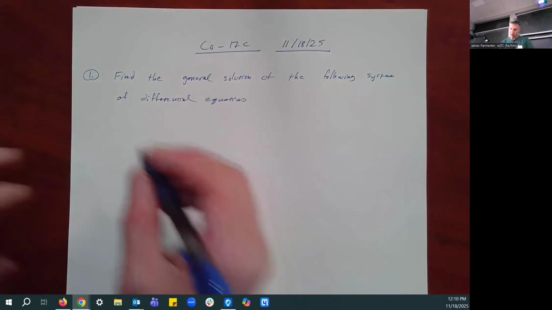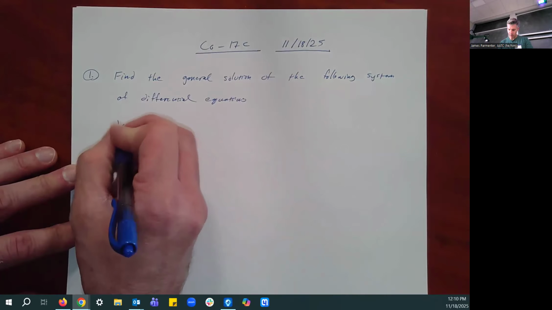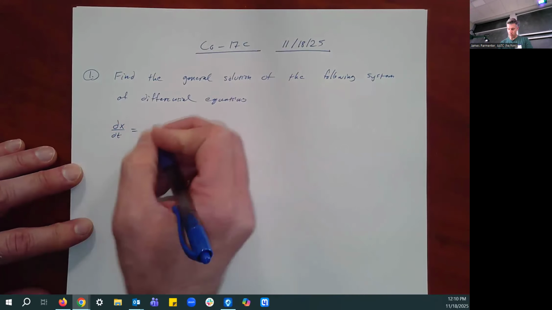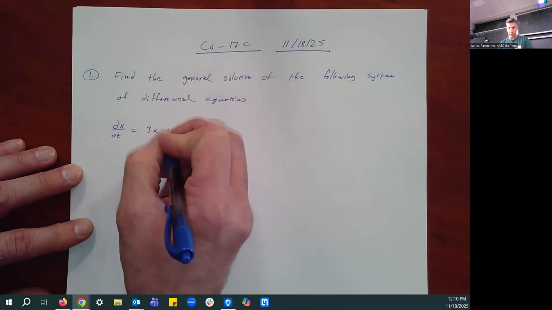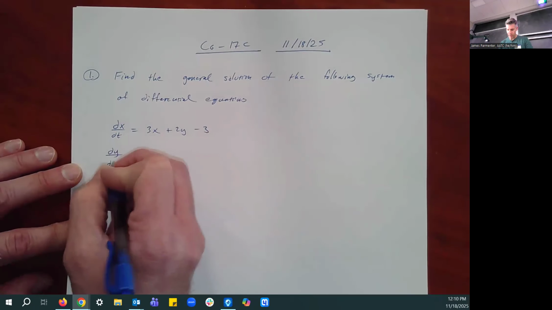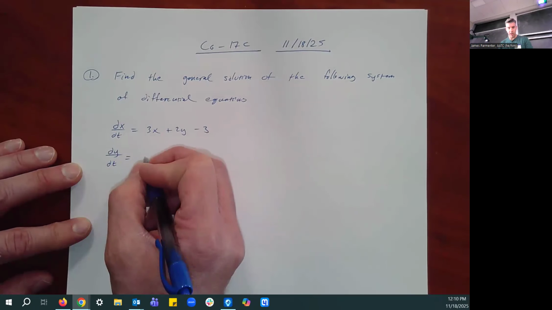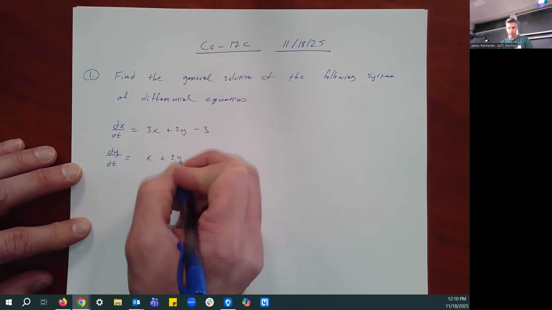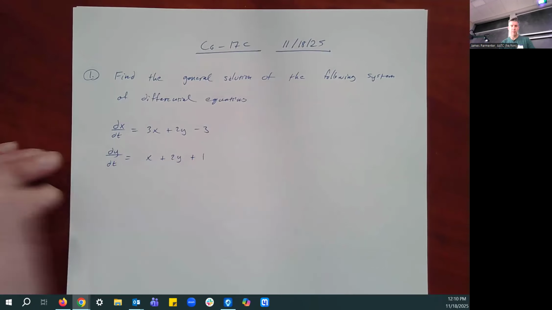So we have dx/dt equal to 3x plus 2y minus 3, and dy/dt is equal to x plus 2y plus 1.